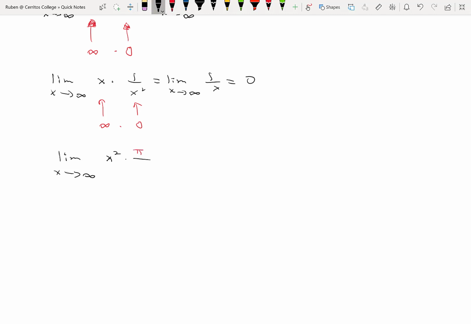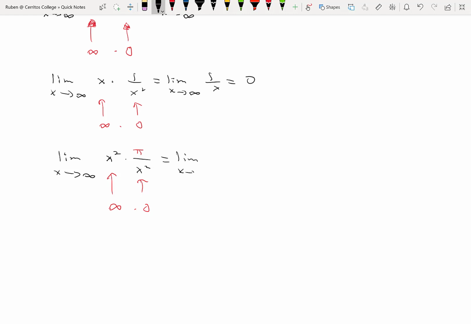Let's take the limit of x squared times pi over x squared. As x gets big, x squared gets big. As x goes to infinity, pi over x squared gets small. What's the limit of this function? It's not big times small is 0 or big times small is infinity.